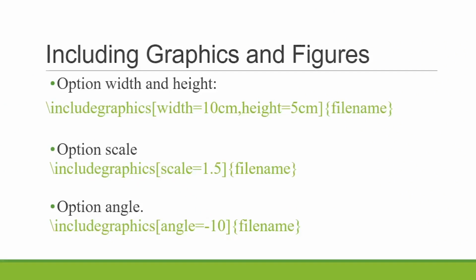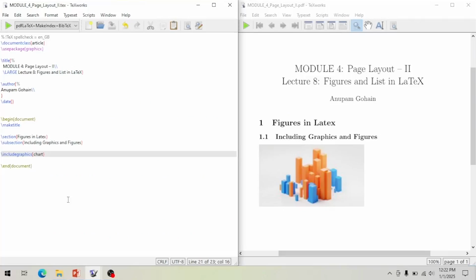Now let us see some options which are available while we include any graphics or any figures. The first option is width and height. The next option is scale. Another option which you can use is the angle. Now let us try to use the option width and height.